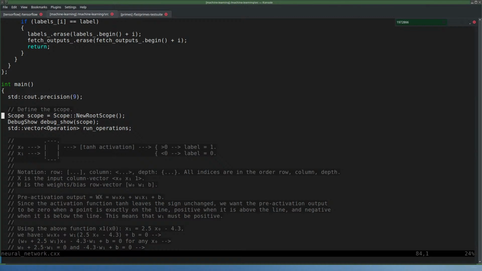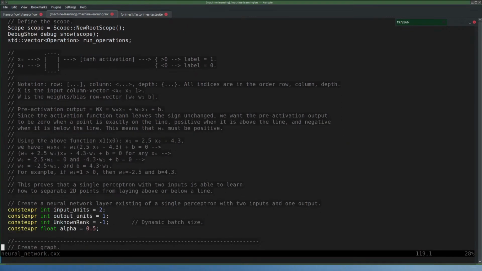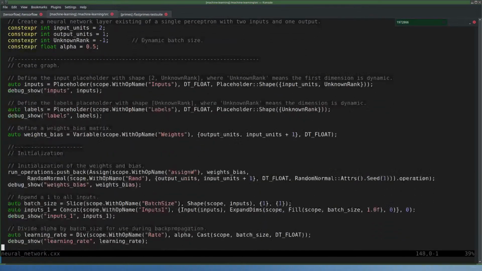TensorFlow wants you to create a scope. Debug output. Operations that we need to run. The initialization. And then again, just 2 inputs and 1 output, and this is going to be 9.